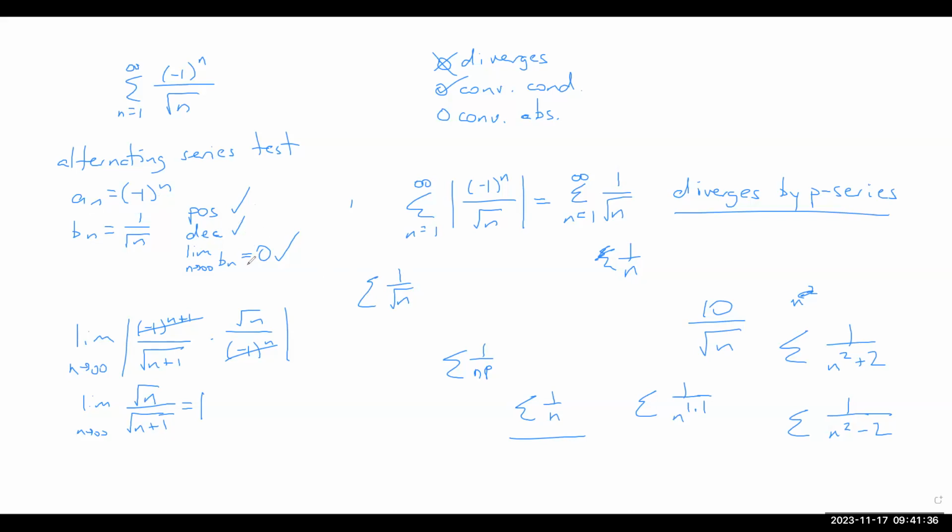It's positive, it decreases, its limit is 0. But the series itself doesn't alternate. So mechanically, we make sure that there is an alternating component, but then once that exists, we move on to the part of this that doesn't alternate.